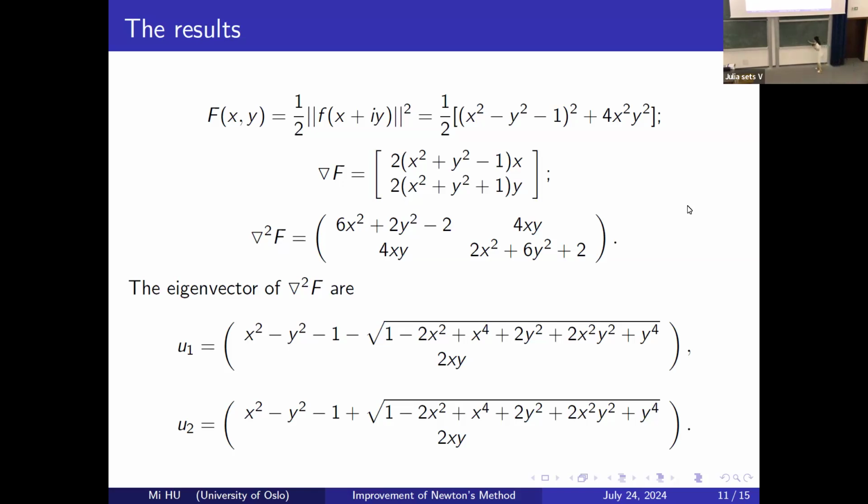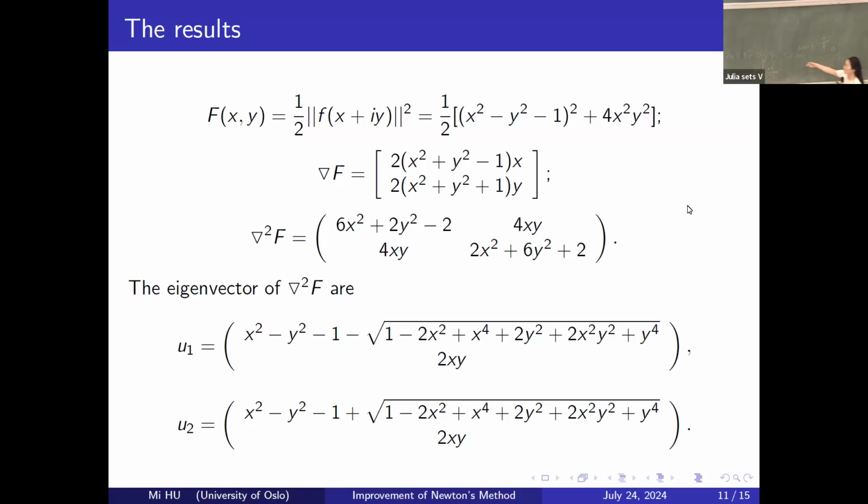Because then we iterate Z minus WK, gamma, let's say K plus 1. You iterate this, you need to calculate this WK. But where does WK come from? WK is here, you have to calculate the eigenvectors and eigenvalues over here. And then you change the sign. If the eigenvalue is negative, you change it to be positive.